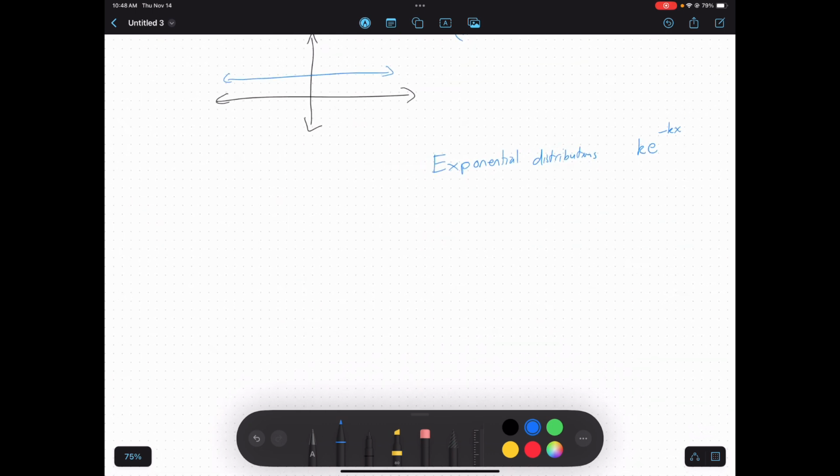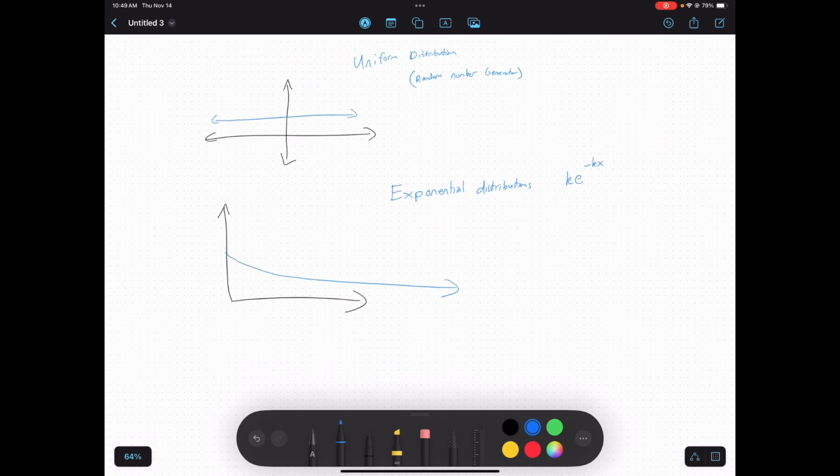And what do these look like? Well, these distributions are actually bounded by 0, but it's this decreasing function that's flattening out as I get close to 0. And it turns out as long as you have your constants match up, then when you take the integral of this over its whole domain, you get 1. So it qualifies as a probability distribution.